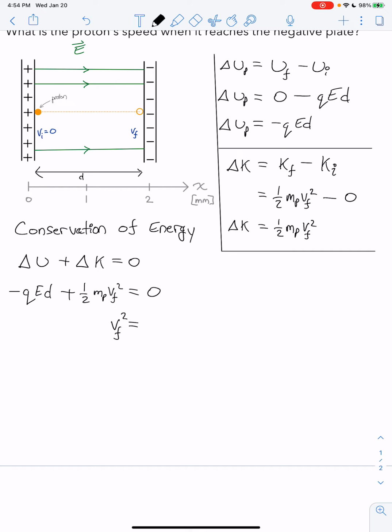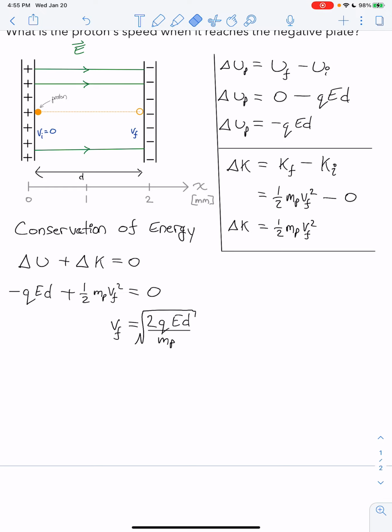So first, we bring over the QED term, and then I'm going to bring up the 2 and divide this through by mass of the proton, and we're going to get rid of the square. So there we go.